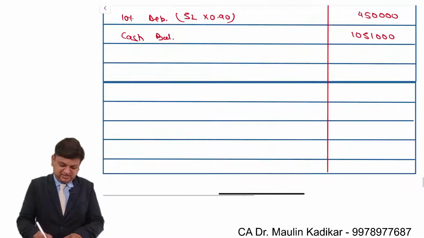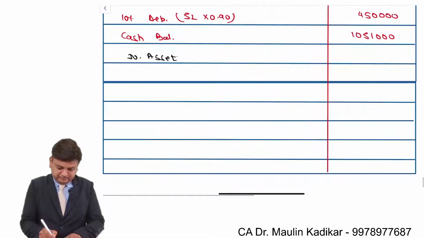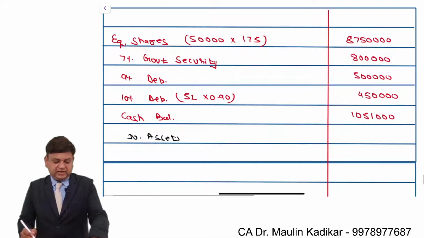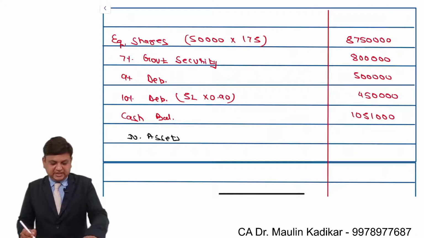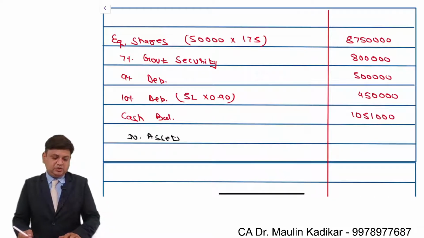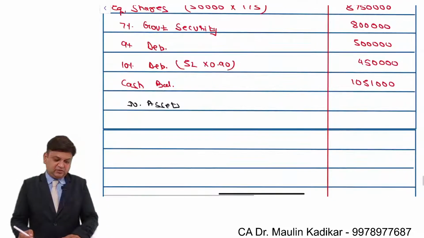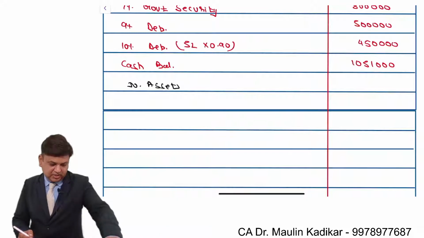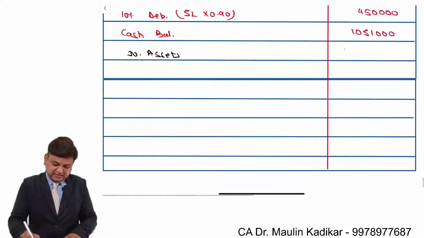Net assets: here 87,50,000 plus 8 lakhs plus 5 lakhs plus 4,50,000 plus 10,51,000. So it is 1 crore 15 lakhs 51,000.